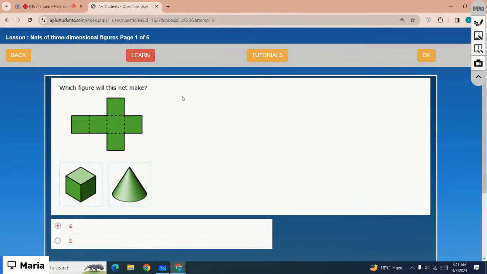Because all the faces are square and you have six faces, so this will make the cube.